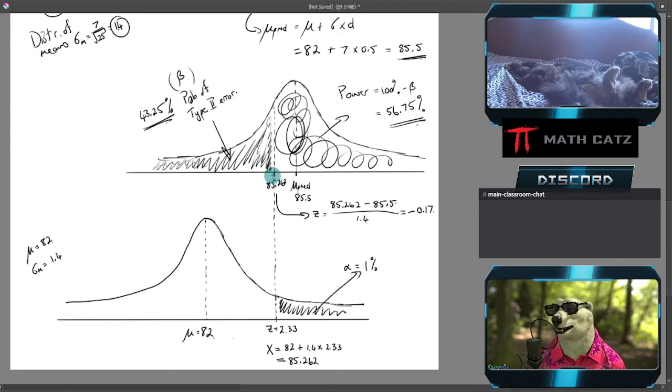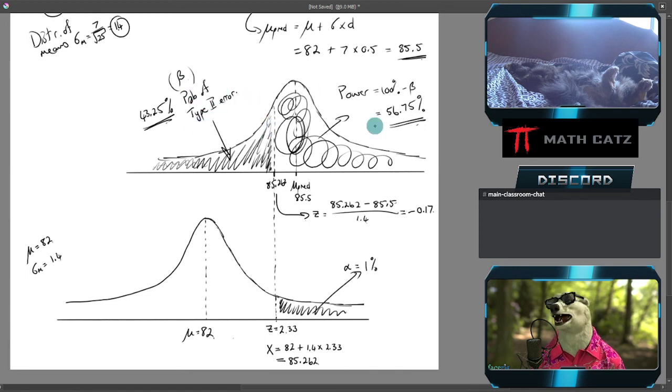That is going to happen whenever I get anything less than 85.265 as a sample mean. But that's on this distribution, and there's a much higher probability. It depends on how much is shifted. That's a different probability that needs to be calculated on this distribution. That is beta, my type 2 error.